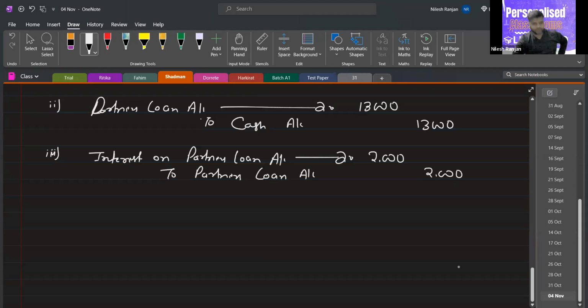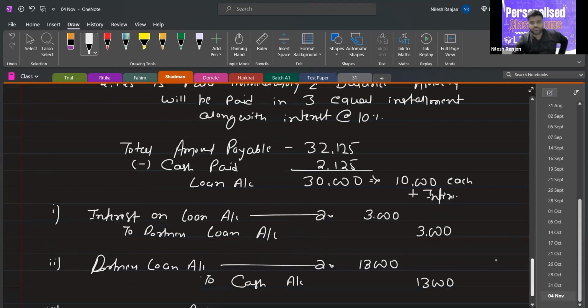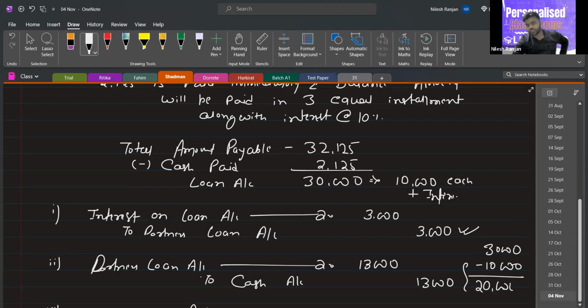In the first year, the balance was 30,000 and 3,000 is the interest, 30,000 into 10%. But we have paid 13,000. So 3,000 was interest and the balance is principal amount. So 30,000 minus 10,000. If you remove 3,000 from here, the balance will be principal 10,000. So now the balance is 20,000 only.